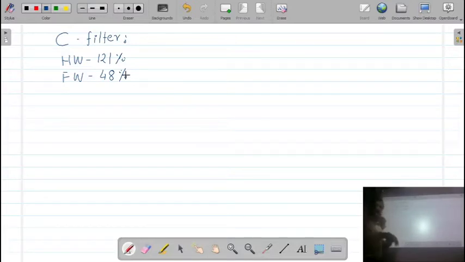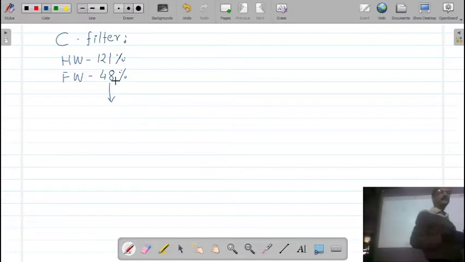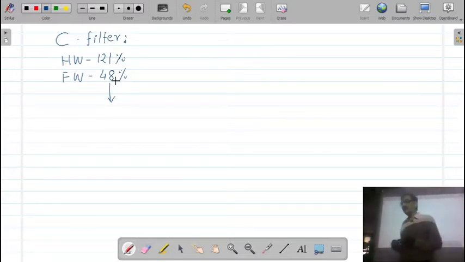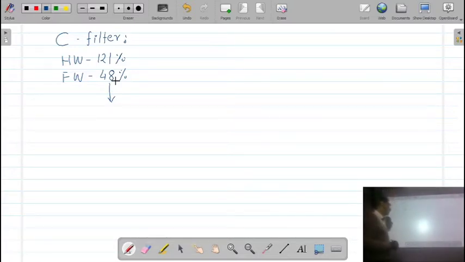Now if I introduce a capacitor in the rectifier circuit, then how much will the ripple factor be reduced? It depends on what value of the capacitor you are using. So it can be reduced from 48% to 10% or 5% or 1%. It depends on the value of the capacitor.